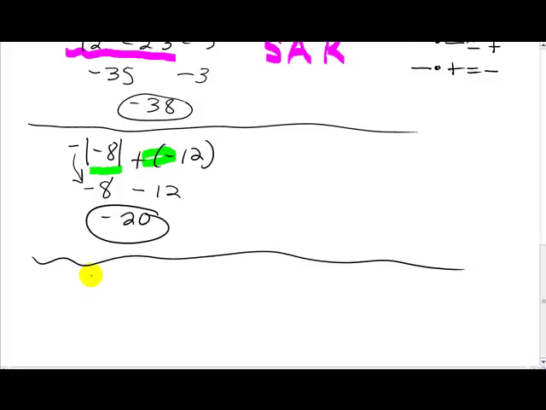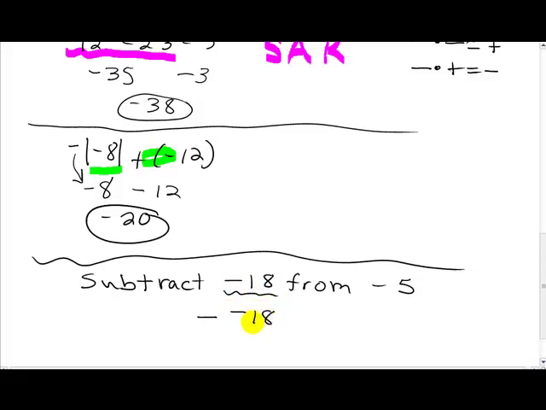But let's look at something we talked about in an earlier section about the subtract from and how this is going to affect negative numbers. So subtract negative 18 from, let's say, negative 5. Remember, it is subtraction, but this is going to come to the back. So negative 18 comes here.